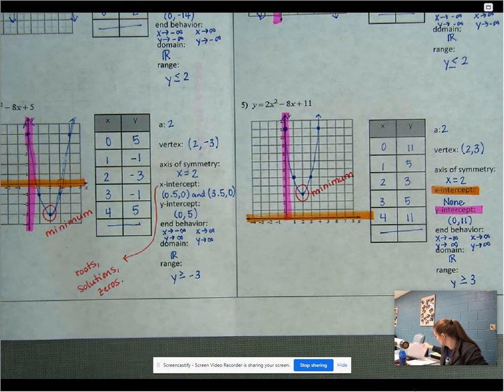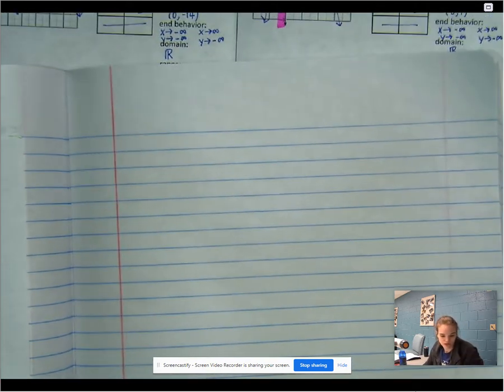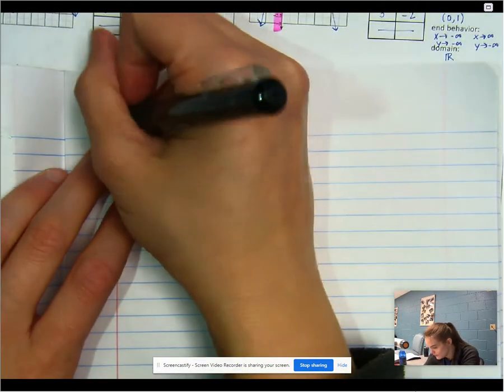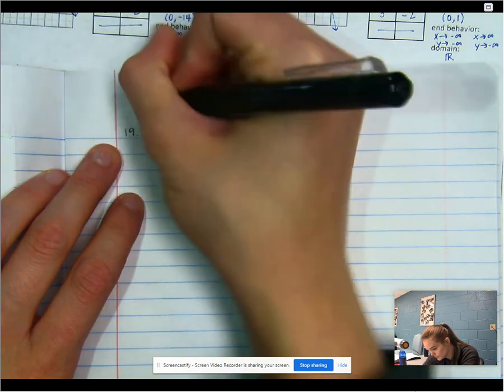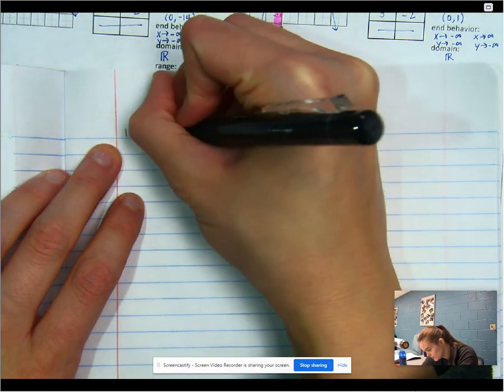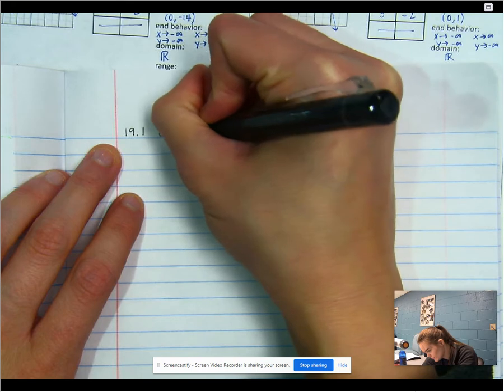All right, this is going in your notebook on page 55, I believe. I'm going to check before I just do that. Yes, 55. You're going to label page 55, 19.1, which is what we labeled 54, graphing quadratic functions.